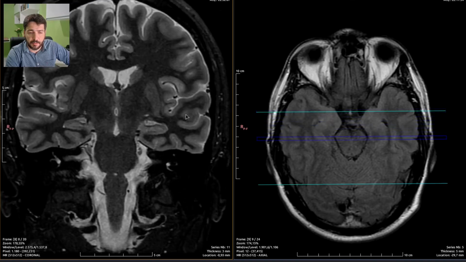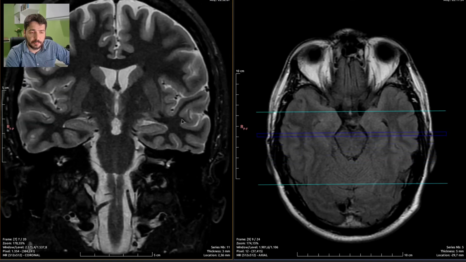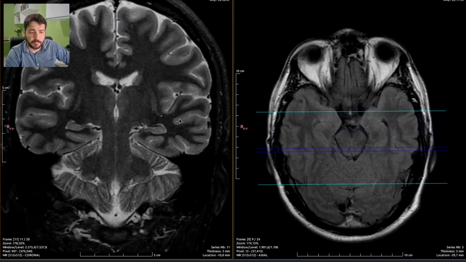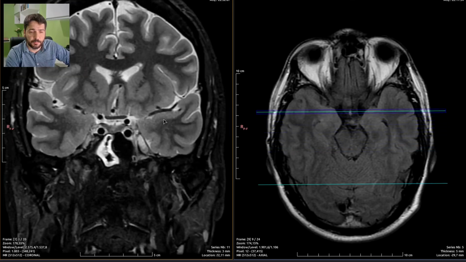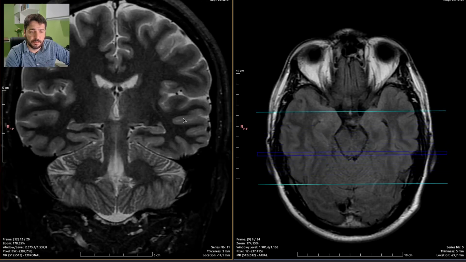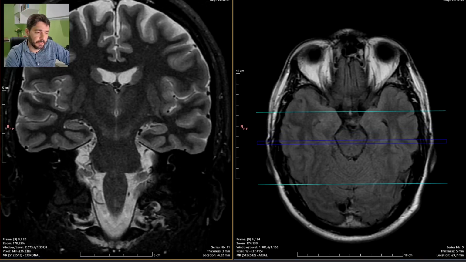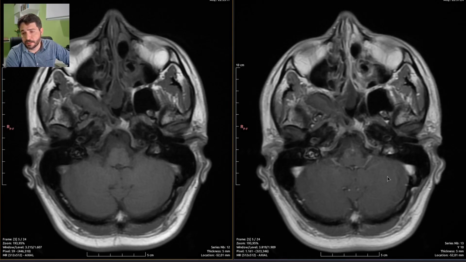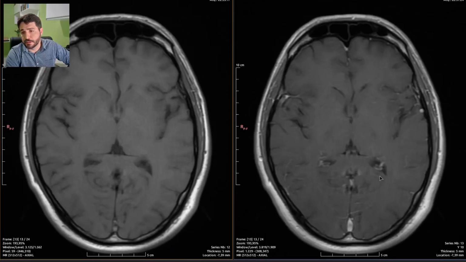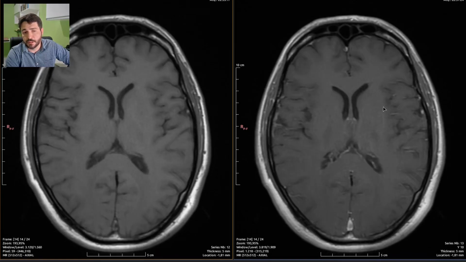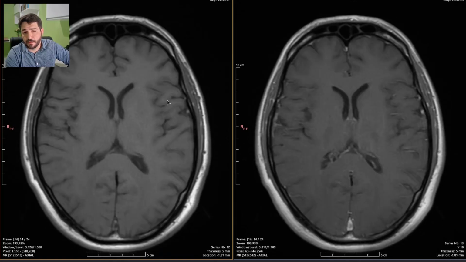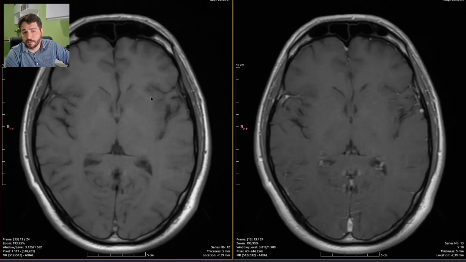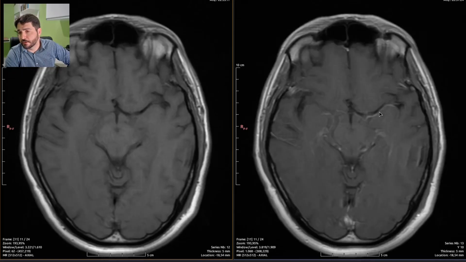Let's see. Parahippocampal gyri are normal. Also the temporal lobes, as much as we can see here, are both symmetrical and preserved. This is fine. So we have the post-contrast phases. Let's see if there is anomalous contrast enhancement on those particular foci that were right here on the left insular region.